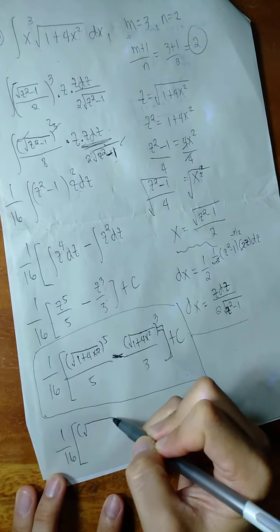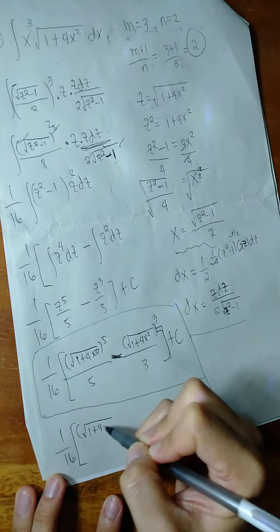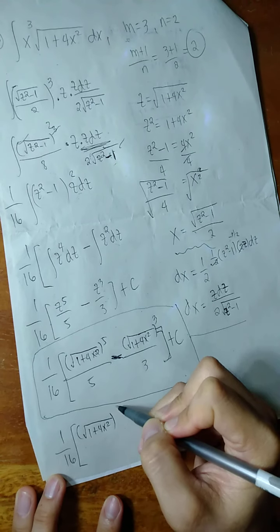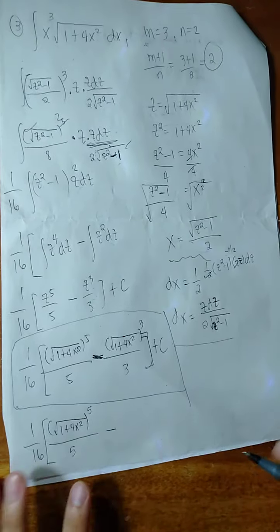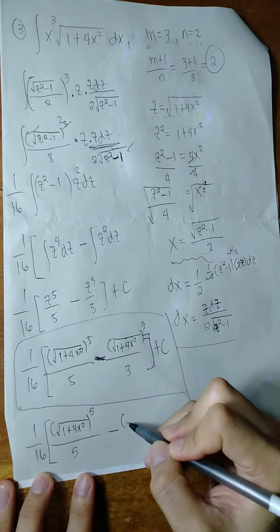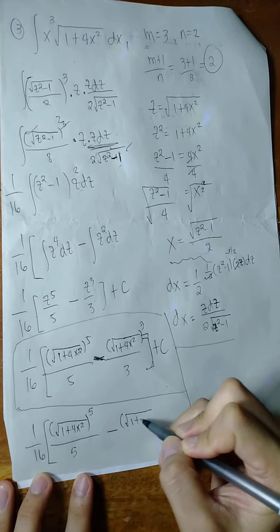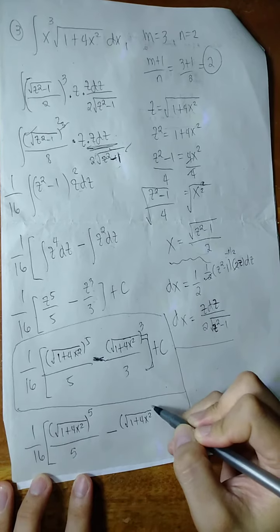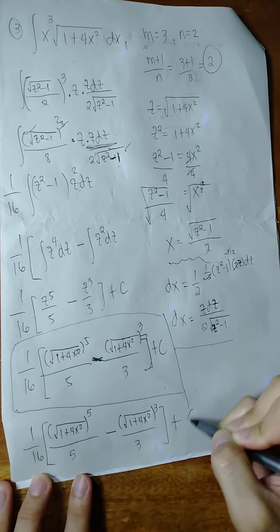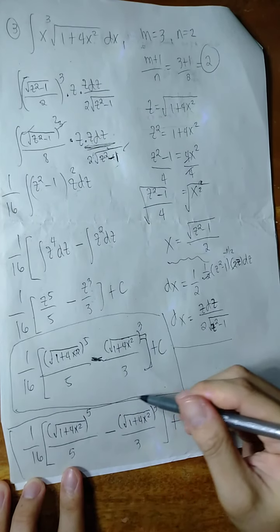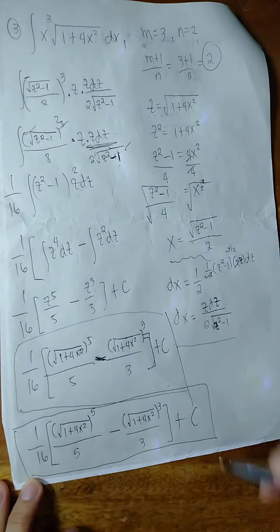So, i-rate ko lang guys. Over 5 minus quantity square root of 1 plus 4x squared cube over 3 plus c. Ayan. So, nirate ko lang. Okay. Pagkakasagot ko kanina. Ayan.